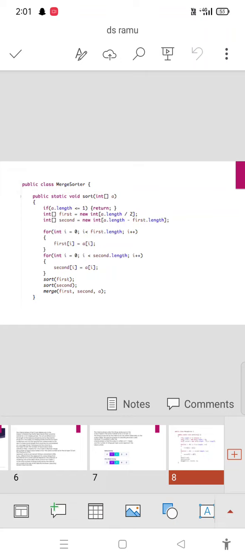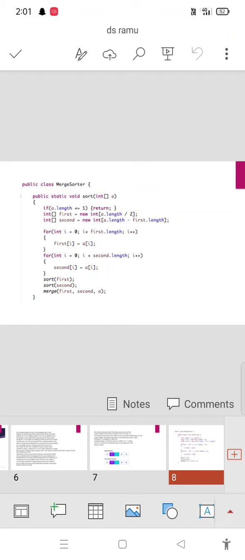here, using flower brackets, we write first and second, giving inputs: first is equal to new int[a.length / 2], I mean length by 2, and second is new int[a.length - first.length].